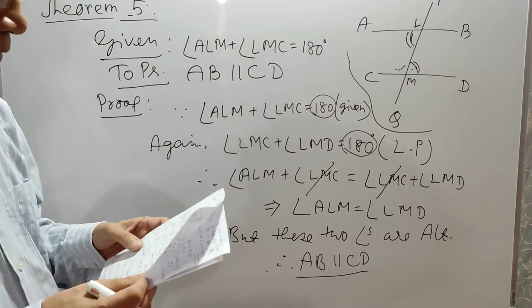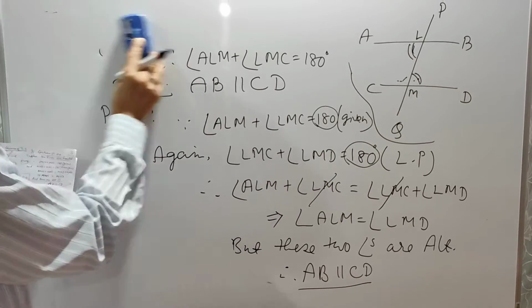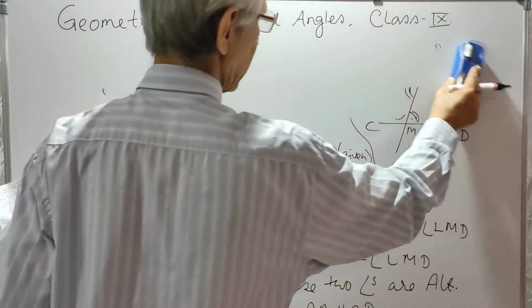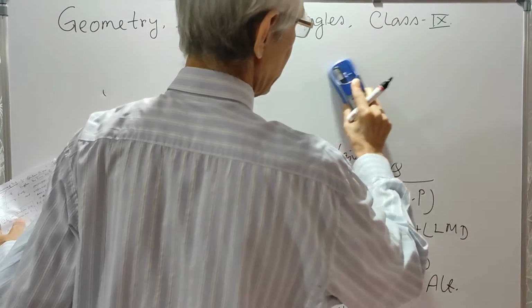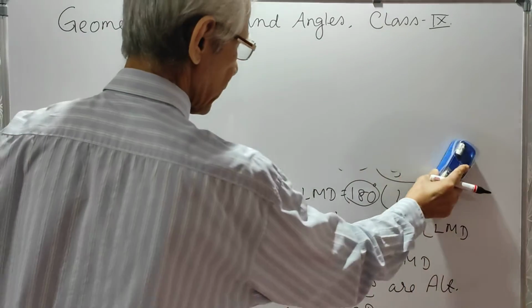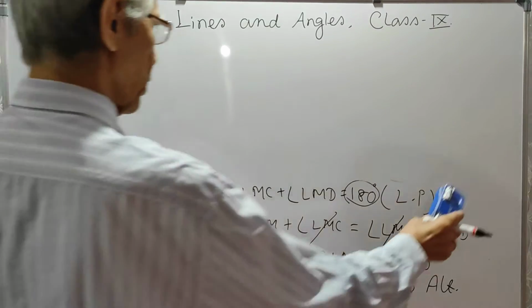Okay, now we go to theorem 6. So today we will finish up to theorem 8. There are 8 theorems in your CBSE textbook and CRT textbook. Okay. All right. Now theorem 6. What does it say?